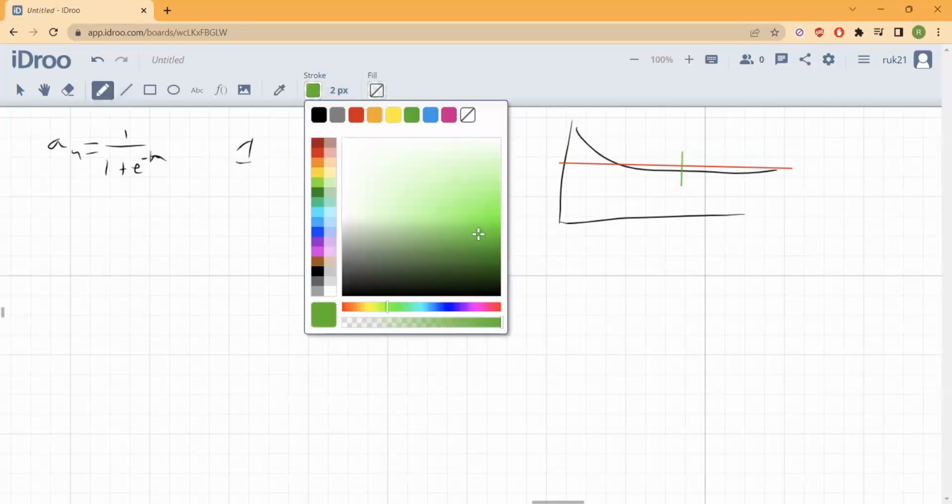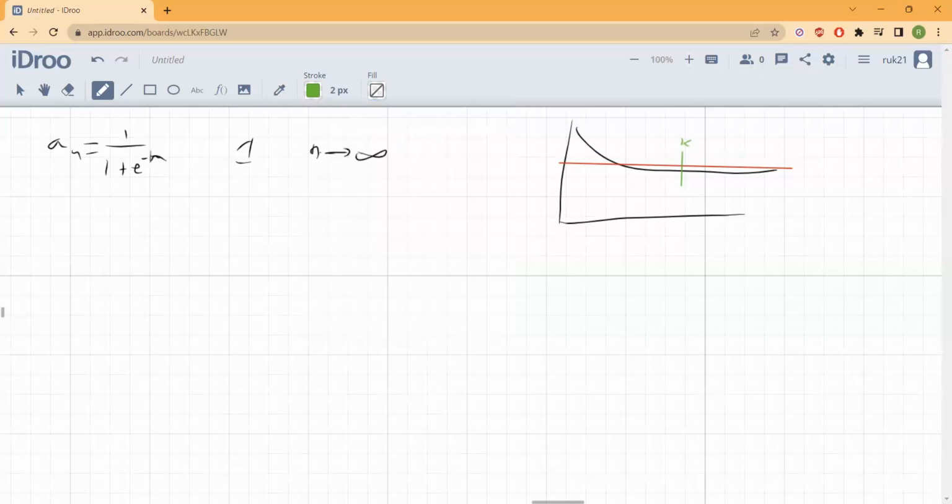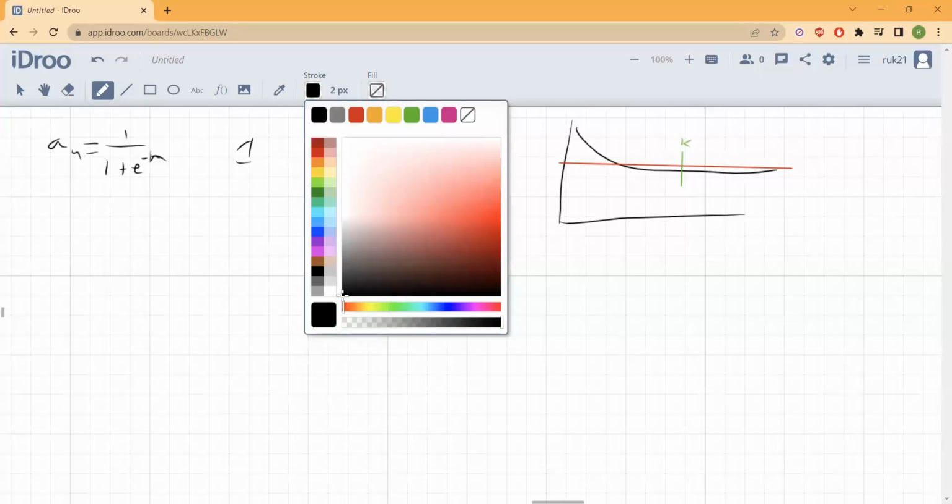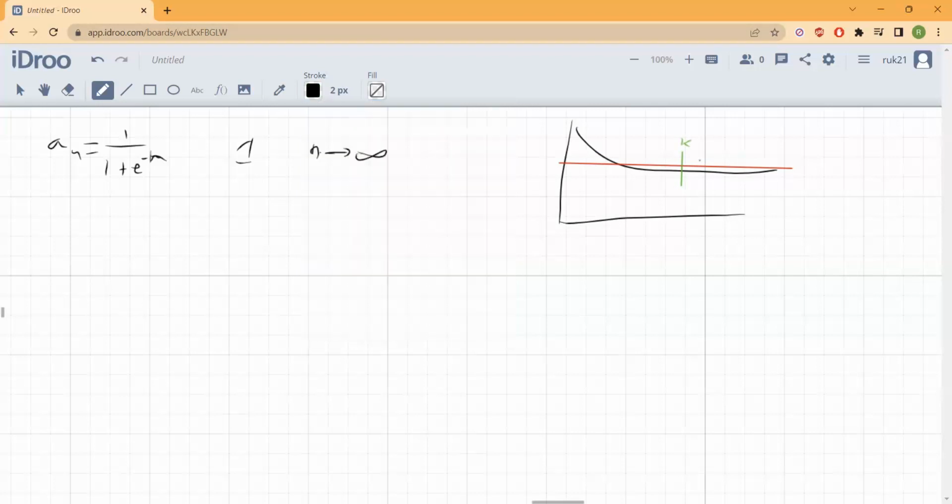Past this k, the distance that you're going to be from the limit, let's say at k you have a distance from the limit of epsilon. This little distance over here is epsilon. Past that, you're only going to go closer and closer to your limit. So any n past k is going to be smaller than the epsilon that you picked.